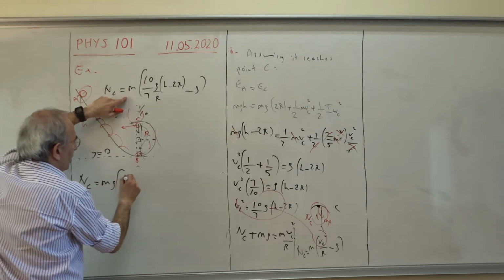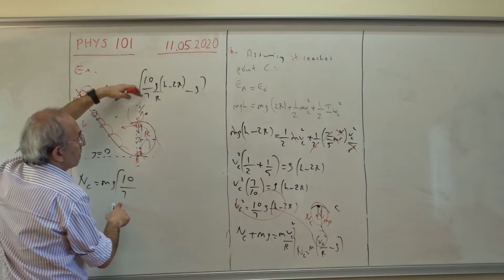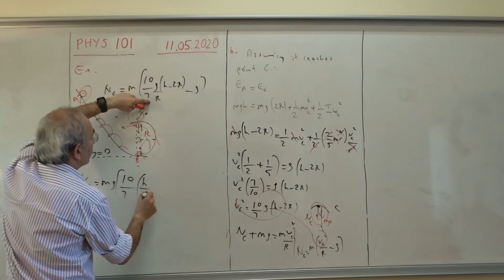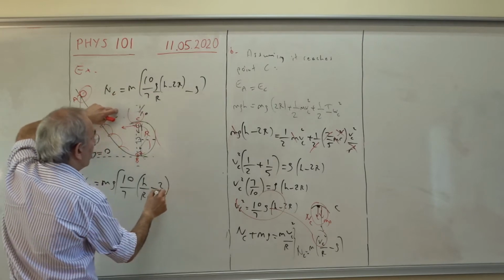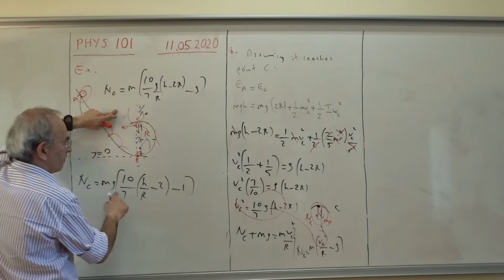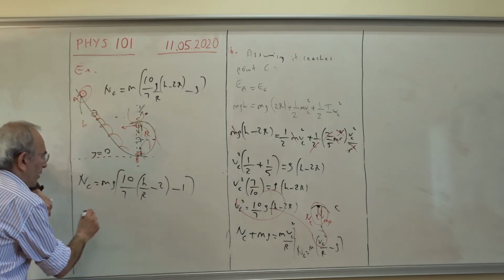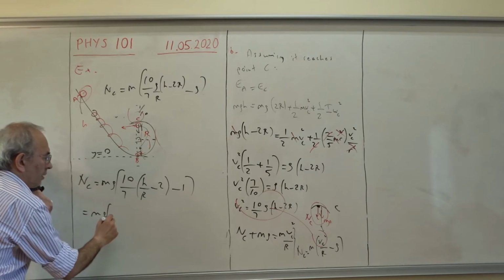multiplied by 10 over 7. g is already written. We have h over R minus 2, but minus 1 also. This one. So we have mg.